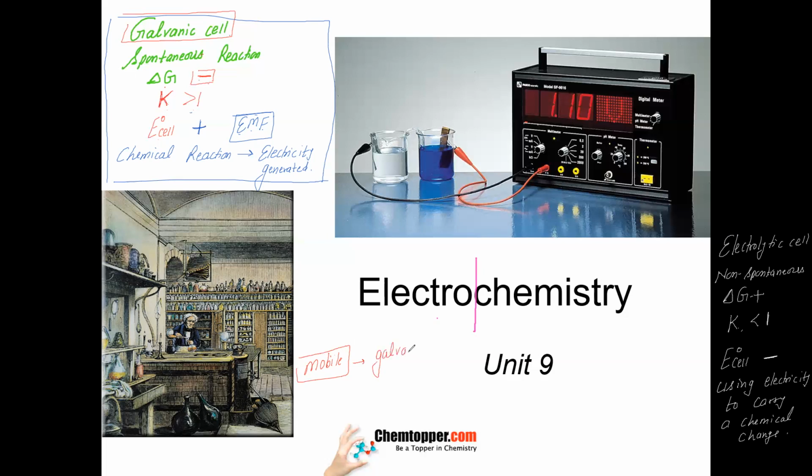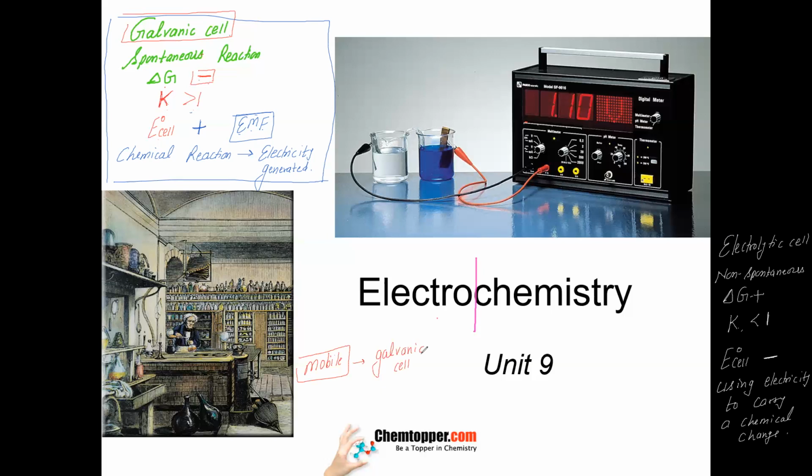There is a chemical reaction carried out in a spontaneous manner inside the battery of the mobile. Chemicals are there. So that chemical reaction is carried out and you are getting electricity and you are using that electricity for the display of your screen and whatever we are doing on the mobile.